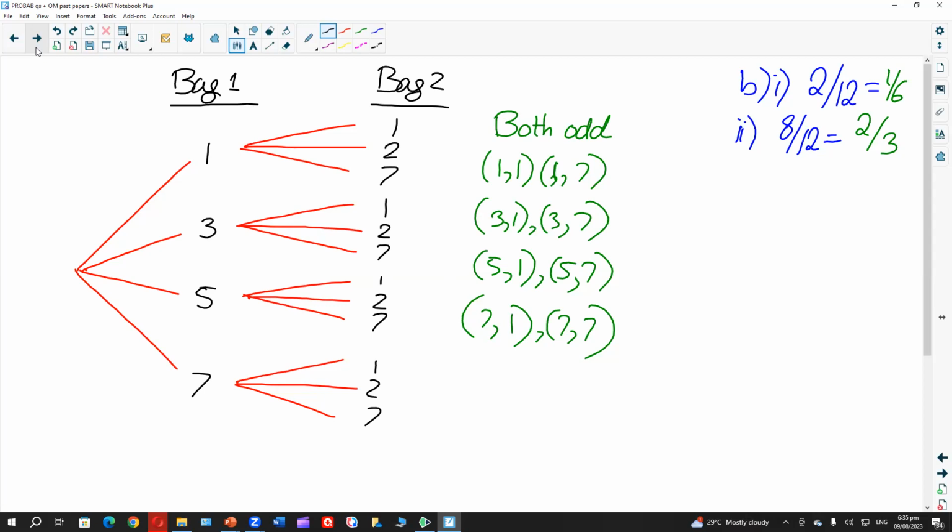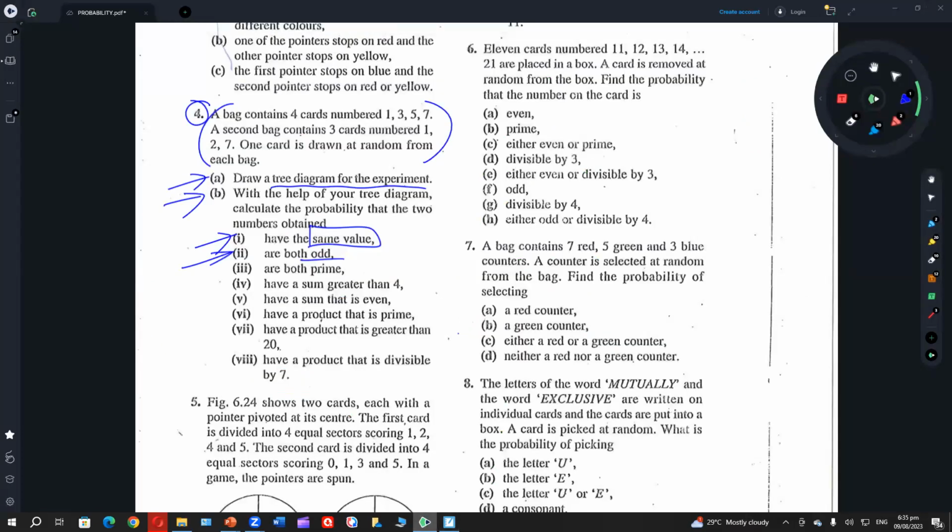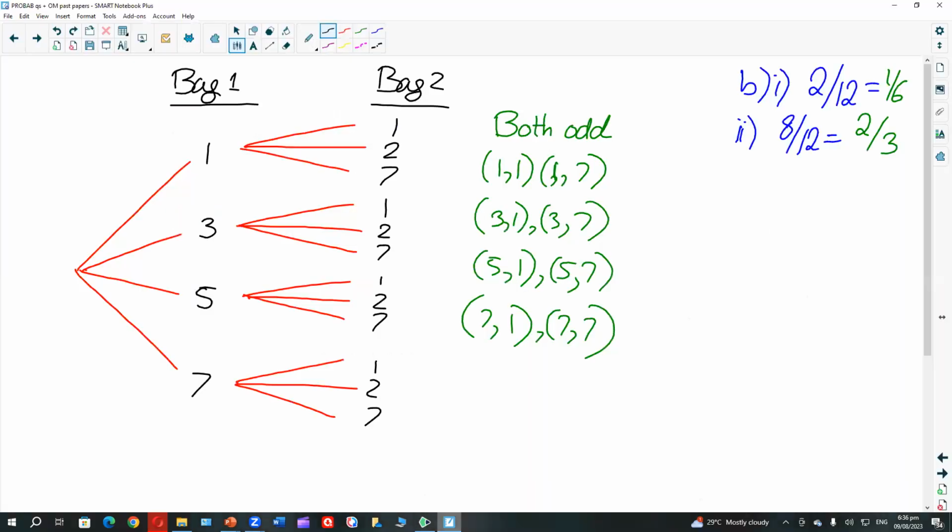Now you have to see part number 3. Are both prime? What are prime numbers?